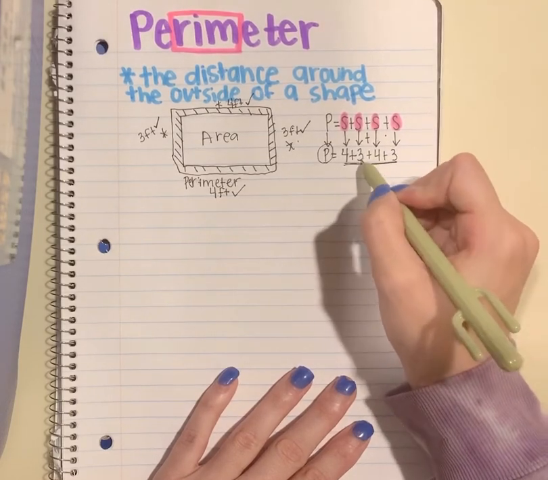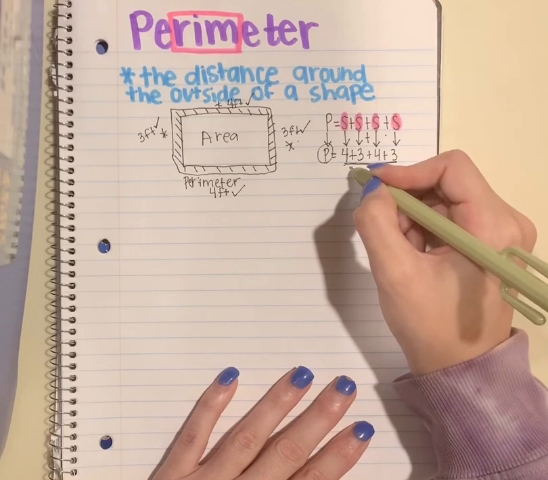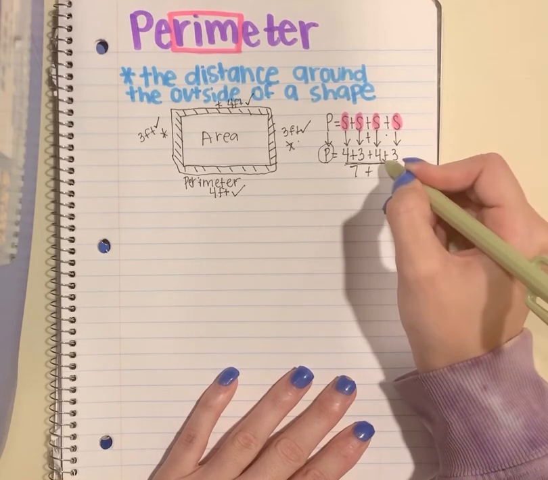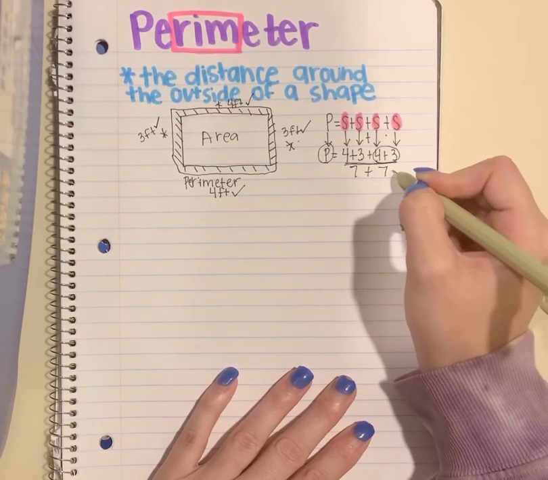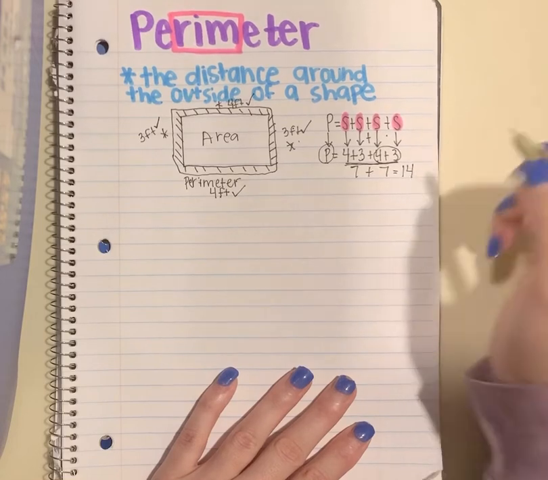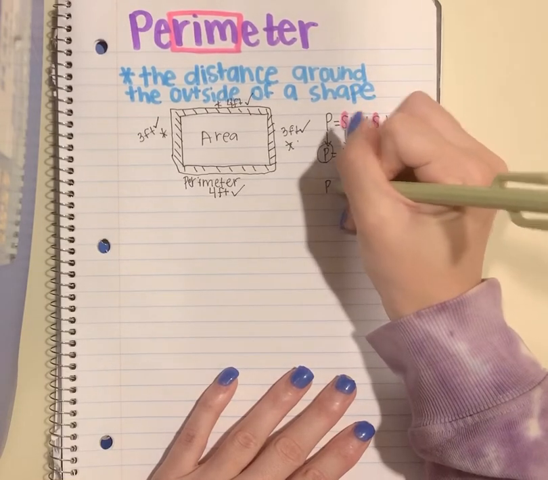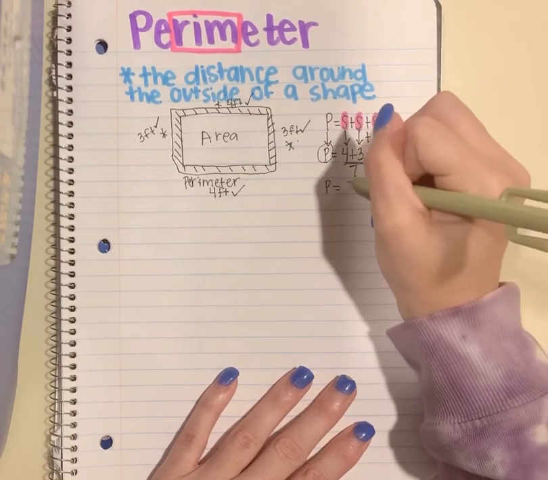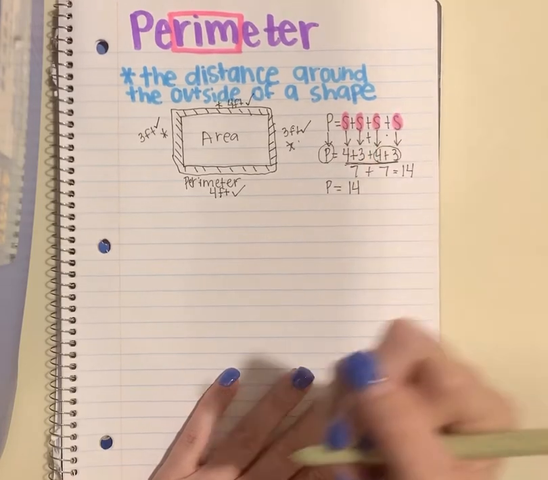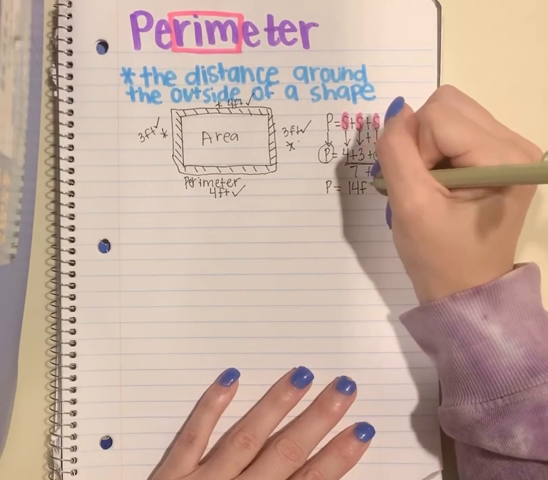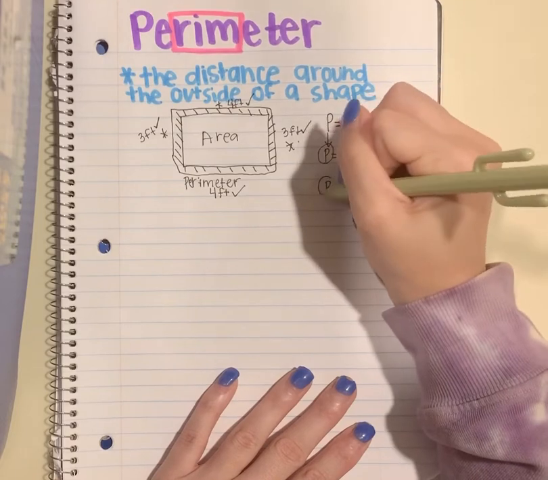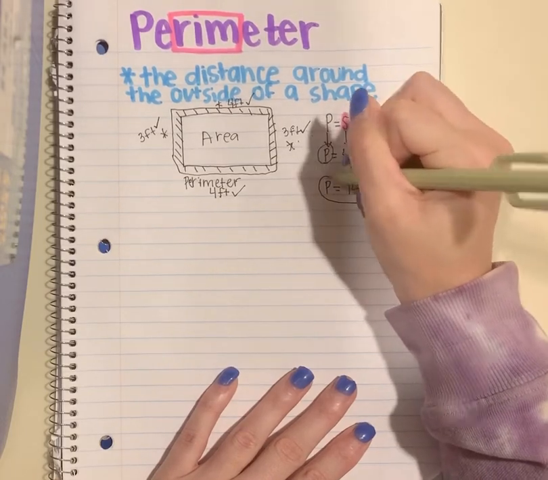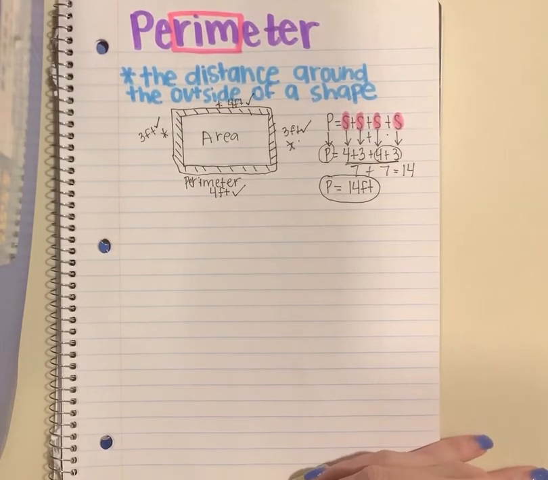So 4 plus 3 is 7, and 7 plus another 7 equals 14. So my perimeter equals 14 feet. And then I'm going to box or circle my answer. So that is how you find perimeter.